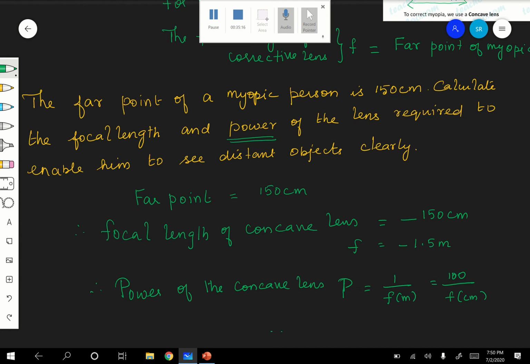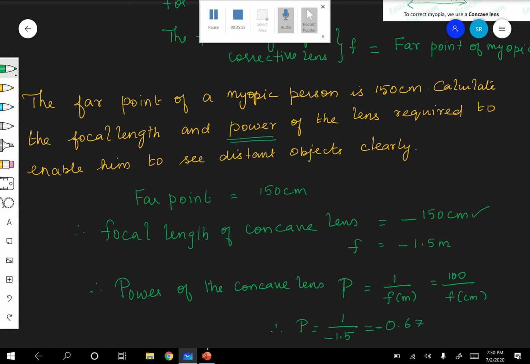Therefore, P is equal to, in meter, 1 divided by minus 1.5, because it is a meter. In centimeter, it is 100 divided by 150. Or in meter, 1 divided by 1.5. Hope you are following. Therefore that is equal to, very important, minus 0.67, around 0.67.